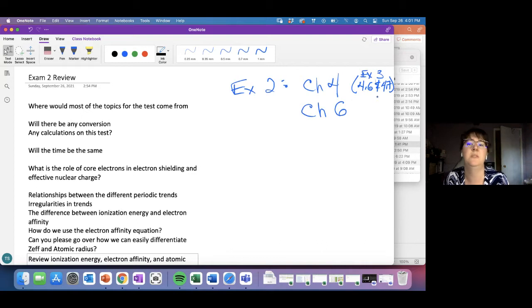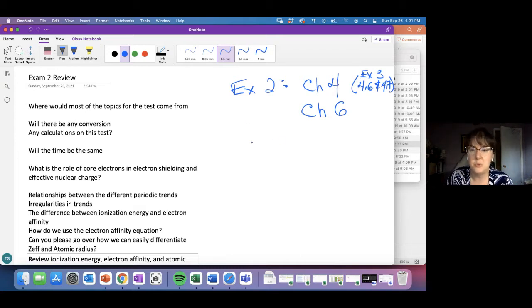Those specifically relate to a periodic trend for ions and what happens to the size of ions. That's going to be on exam 3. There's also what happens to electron configuration with ions, and that's also going to be on exam 3. So essentially we wound up focusing on neutral atoms.